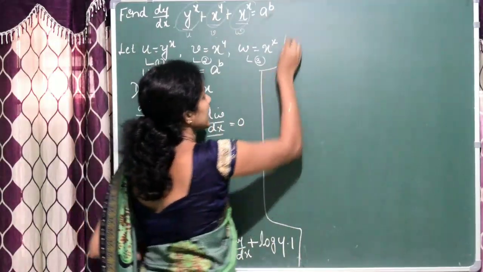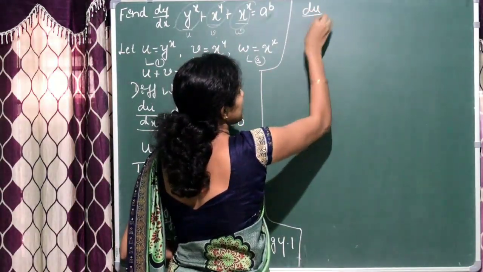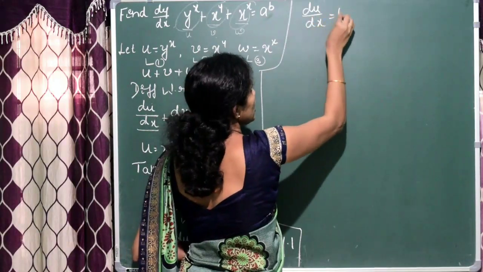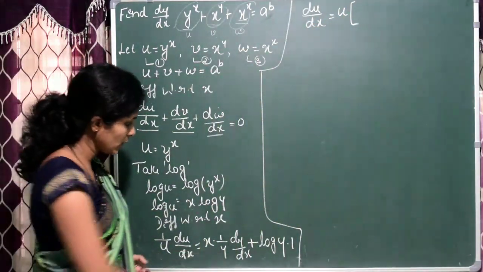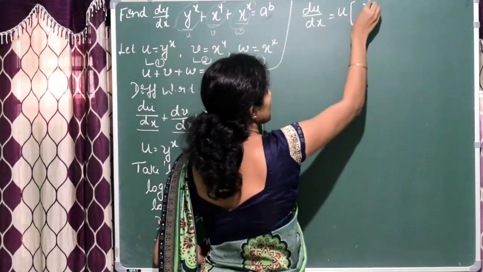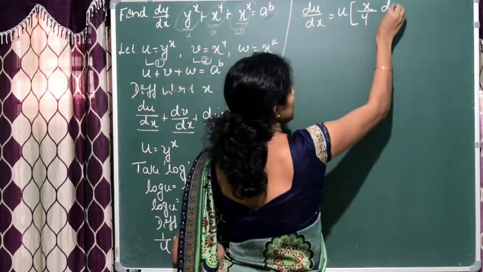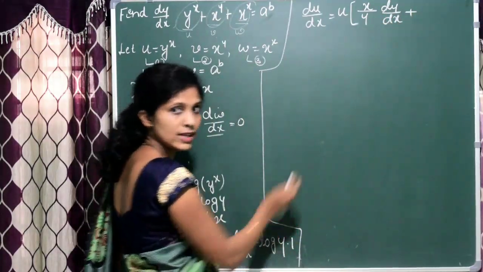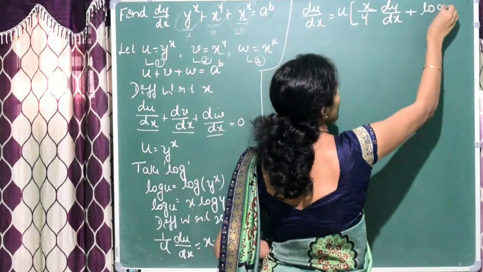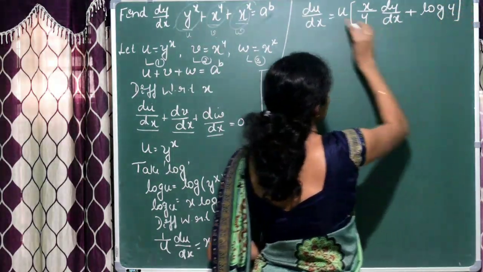Now what is du by dx? du by dx is equal to u into, since 1 by u is there, so it will be u into x by y into dy by dx plus log y. And you have to substitute the value of u.